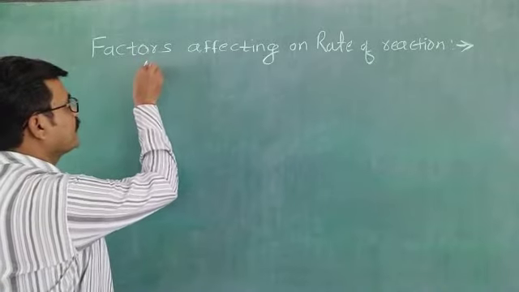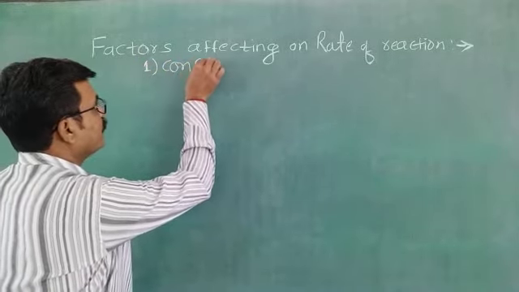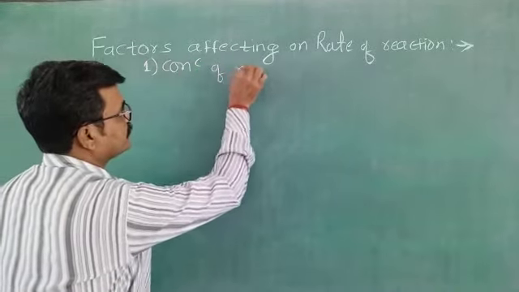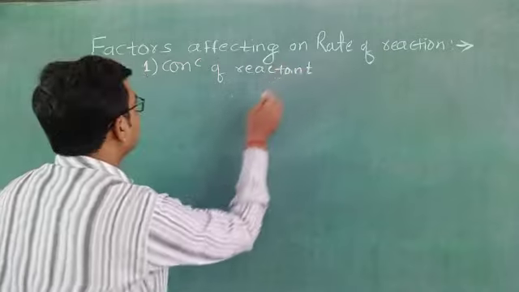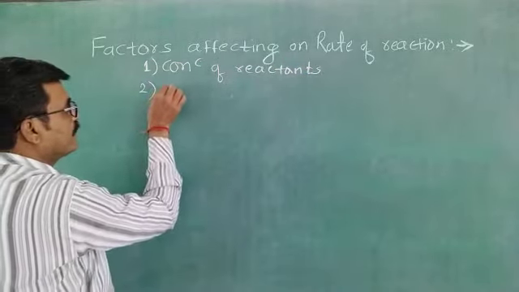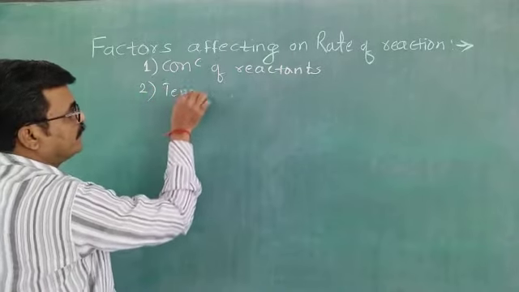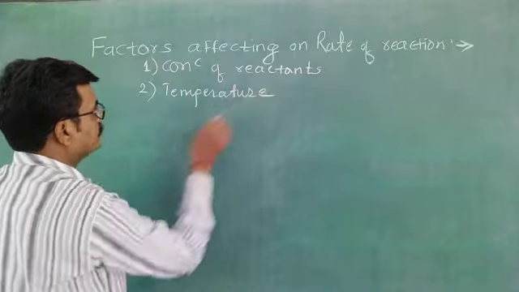The first factor affecting the rate of reaction is concentration of reactants, and the second one is the effect of temperature on the rate of reaction.